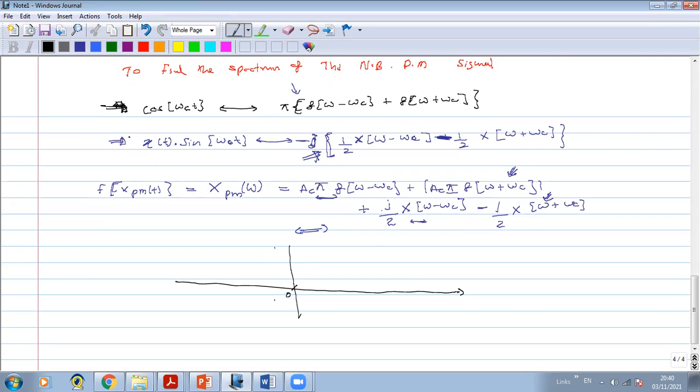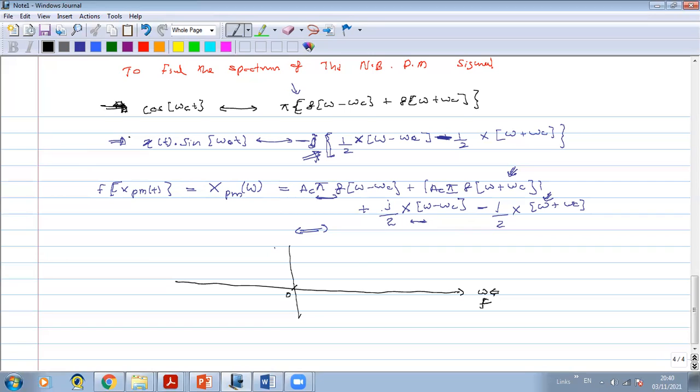So this is 0, and this is omega. You know that we can also write it with respect to f, the normal frequency. Now we are writing it with respect to omega, but it is the same graph. First we write this one, delta(omega minus omega c).